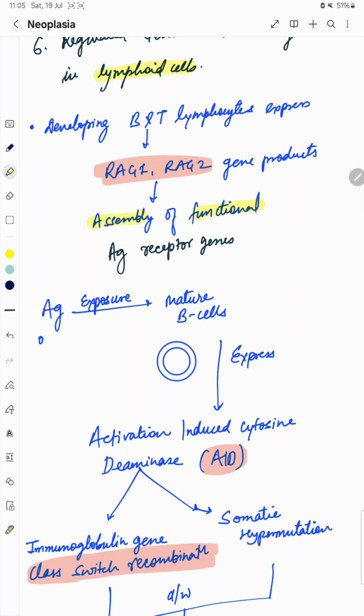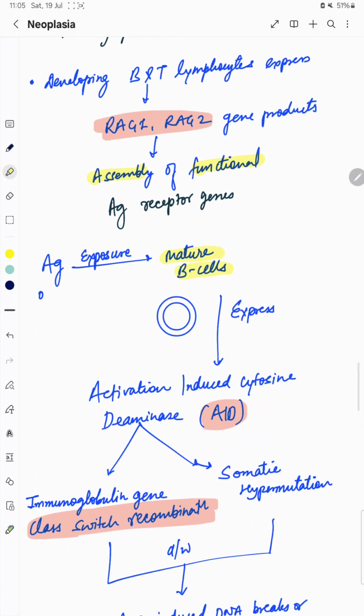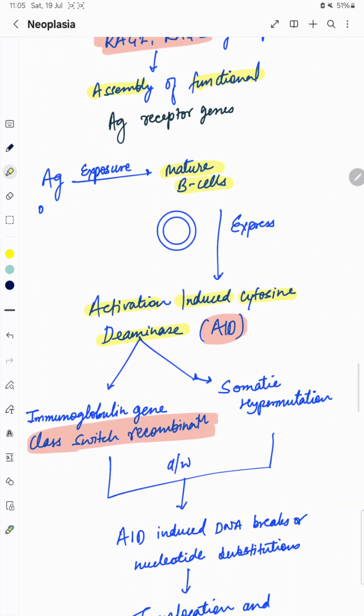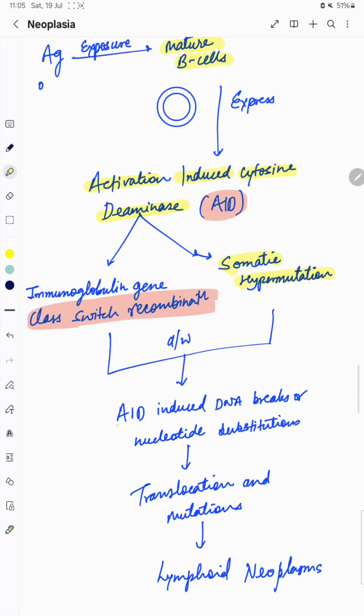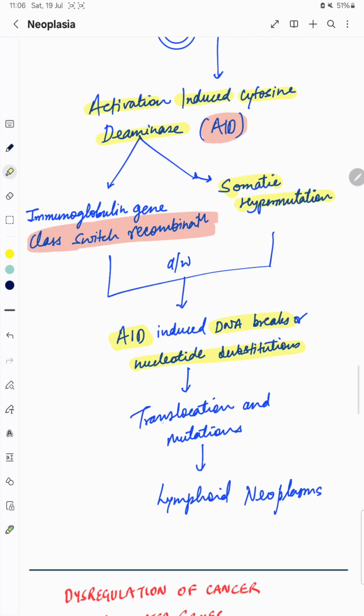Whenever antigen is exposed to a mature B cell, it expresses activation induced cytosine deaminase, AID, which is responsible for immunoglobulin gene class switch recombination and somatic hypermutation. These are associated with AID induced DNA breaks and nucleotide substitutions and result in translocations and mutations and development of lymphoid neoplasm.